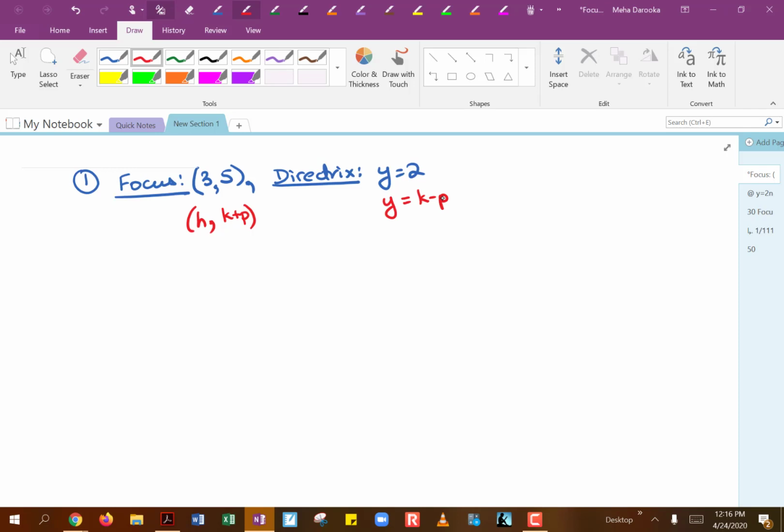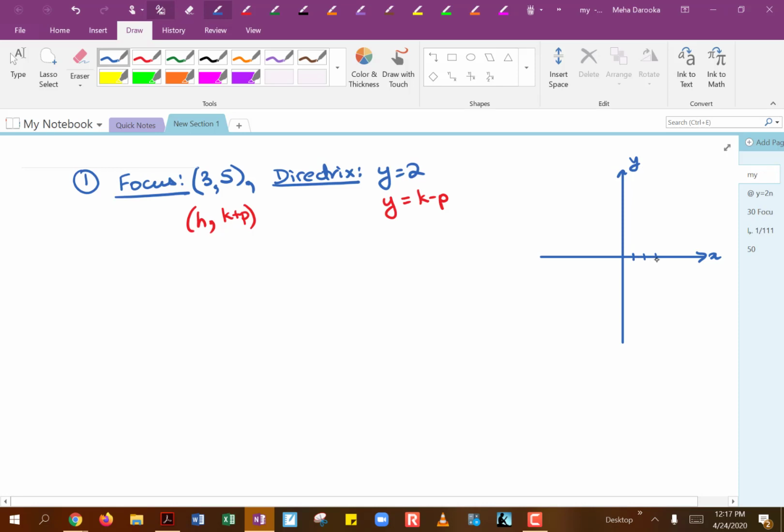Okay, so at this point, we have no idea if our parabola is opening up or down. We don't know if our p value is going to be positive or negative. But you know what you can do is do just a very rough sketch over here. Okay, so let's see. Our focus is at 3, 5.